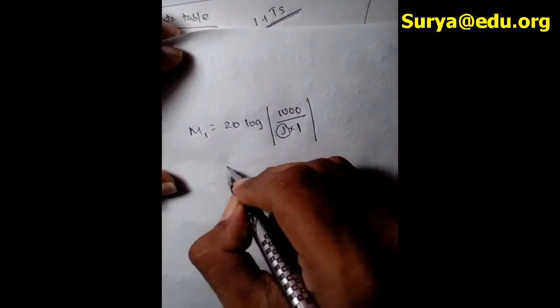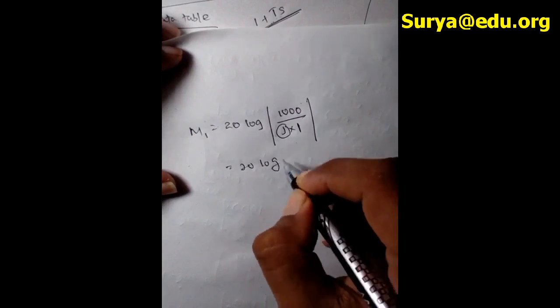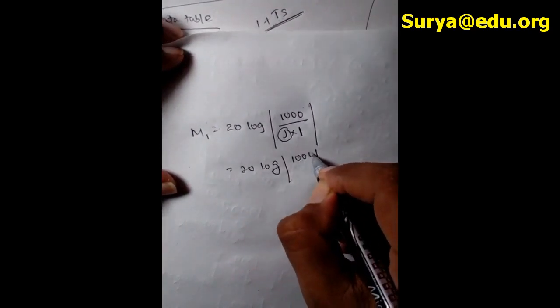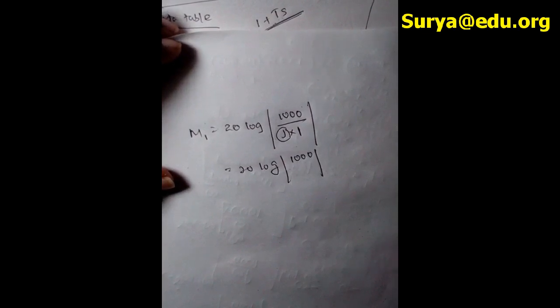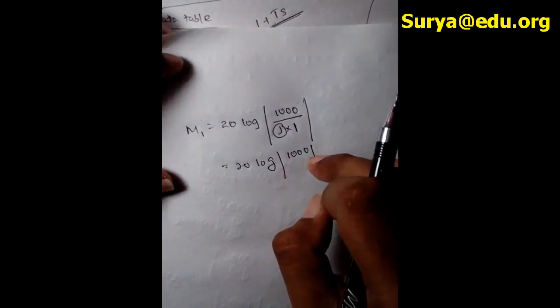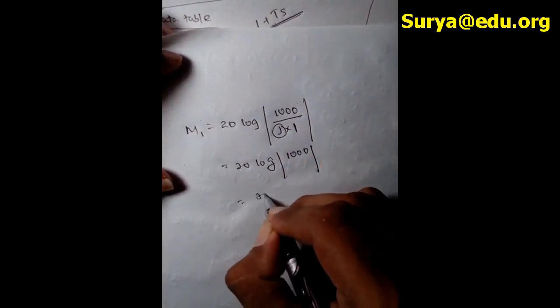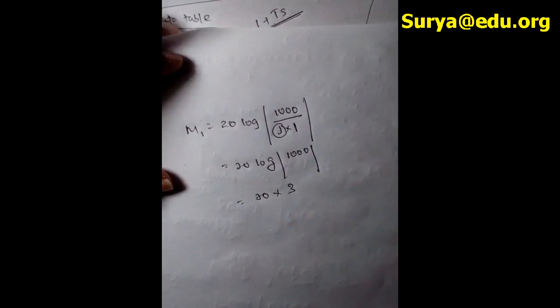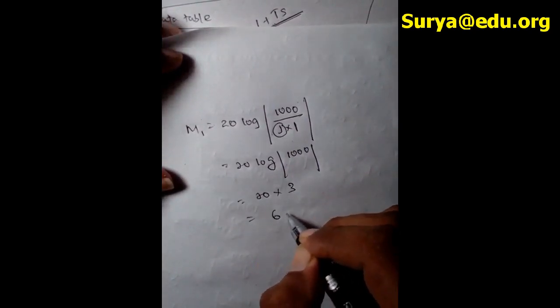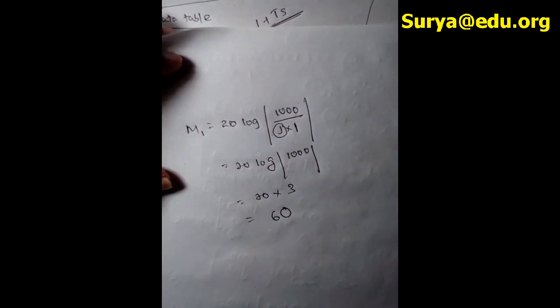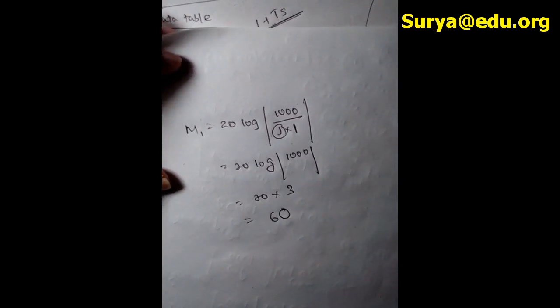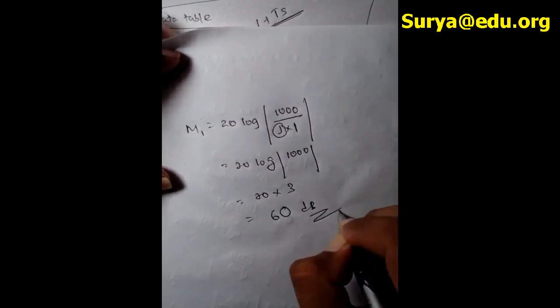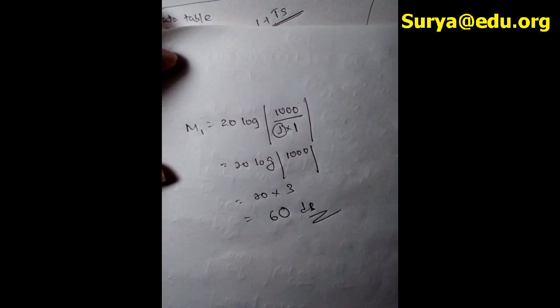It becomes 20 log of 1000 divided by 1, which is 1000. What is the logarithm of 1000? That is 3. So 20 multiplied by 3 is 60. What are the units? It will be decibels.